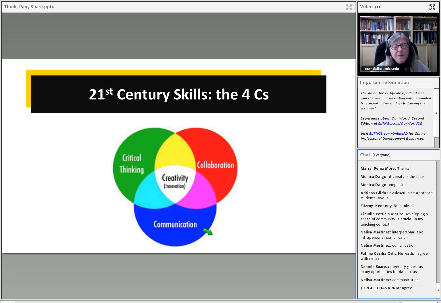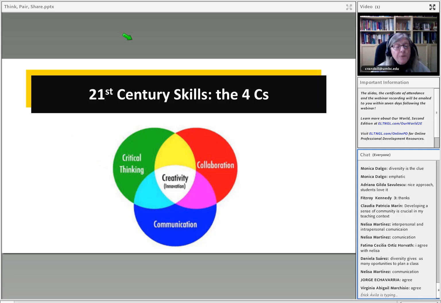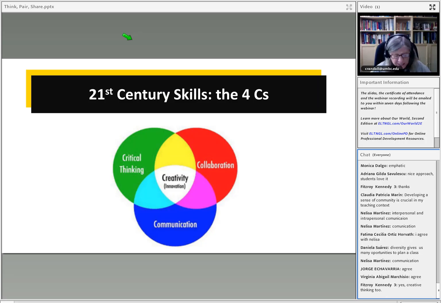Then they communicate to a partner, so they communicate and collaborate. And what's really nice about it is they often have an opportunity to be creative because, in fact, these ideas come from them. These 4 skills are critical for the success of your students, not only in school, but throughout their entire lives, in their future work.